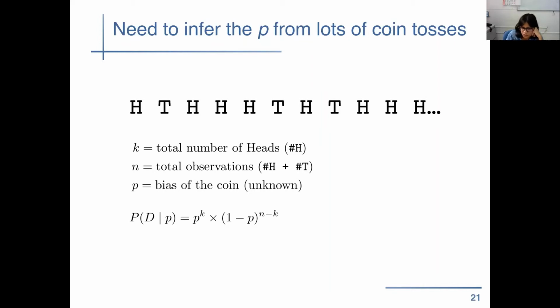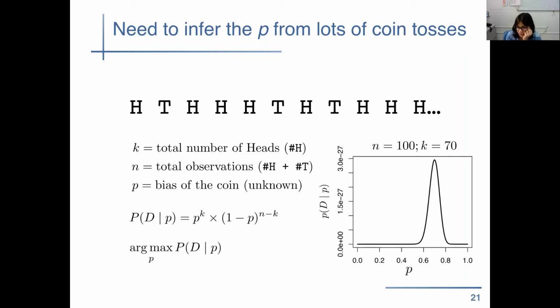And what you could do then is maximize this value over all possibilities of P and report that P. And that's one way of figuring out what the bias of the coin might be. So if you decide to plot this expression over all values of P, you get something, and let's say N is 100 and K is 70. So you tossed it 100 times and you saw 70 heads.